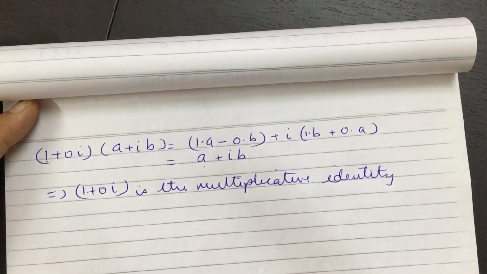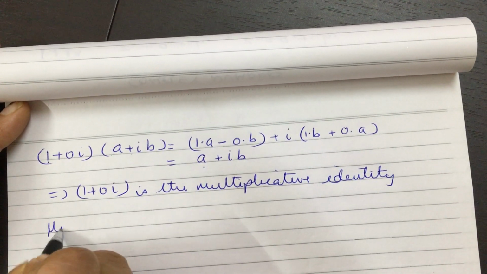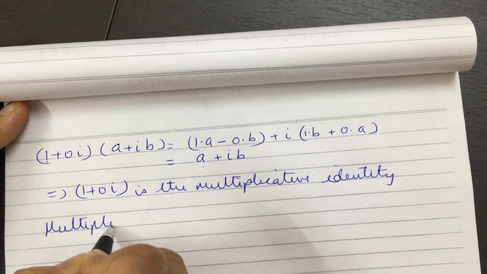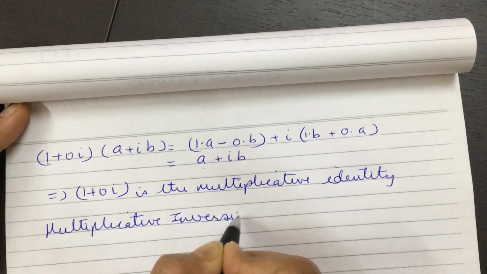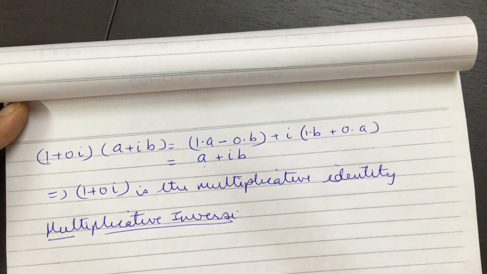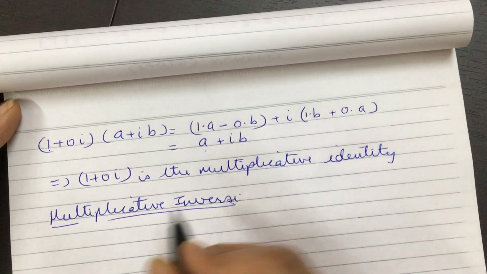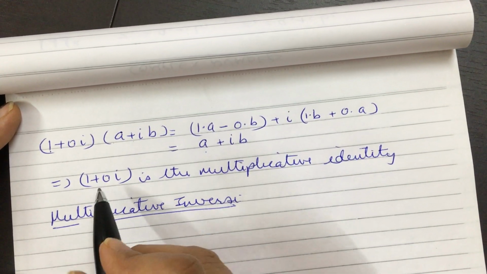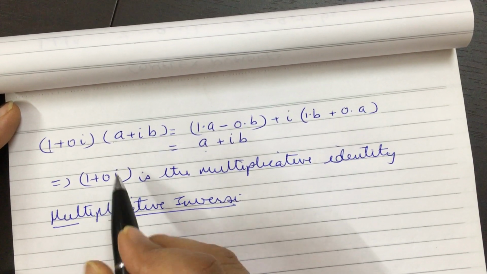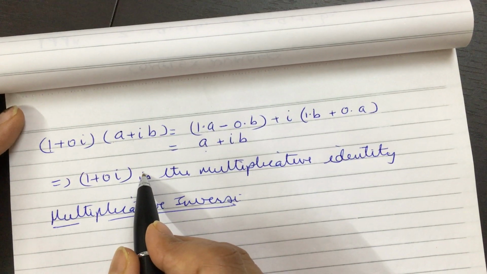Okay. Now, we come to multiplicative inverse. Multiplicative inverse means a complex number which when multiplied to another complex number gives you back the multiplicative identity.